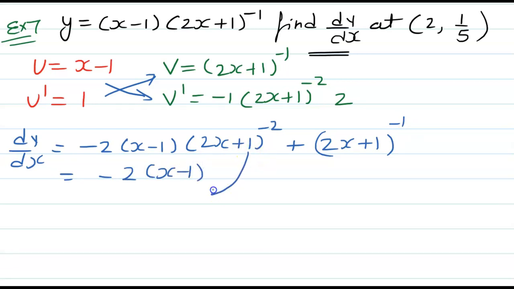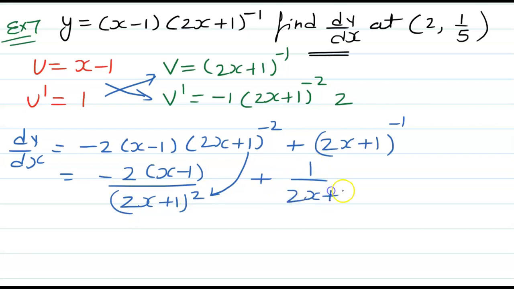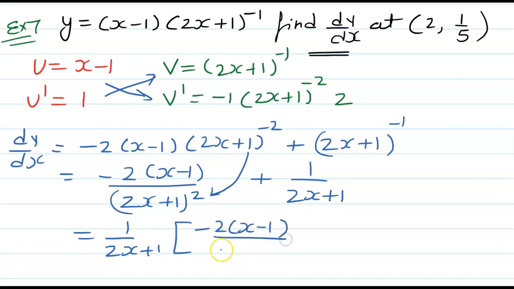This term I'm getting in the denominator, so it will be positive, so it will be (2x plus 1) to the power 2, and this will be 1 over (2x plus 1). Okay, now if we take 1 over (2x plus 1) outside the bracket, what is left here? It is minus 2(x minus 1) and (2x plus 1) left here, and here we can write down 1. Okay, now this is dy by dx. We need to find dy by dx at x equal to 2.